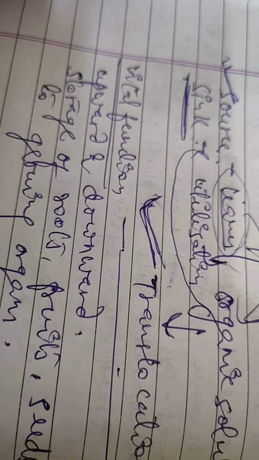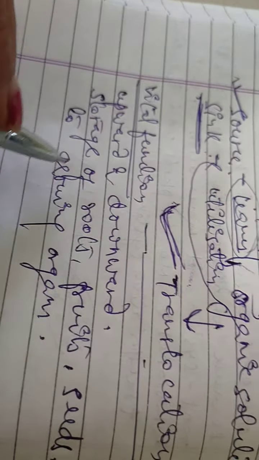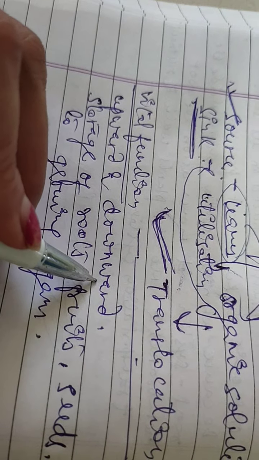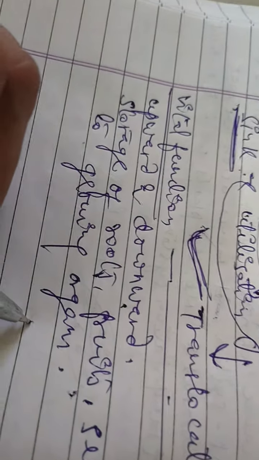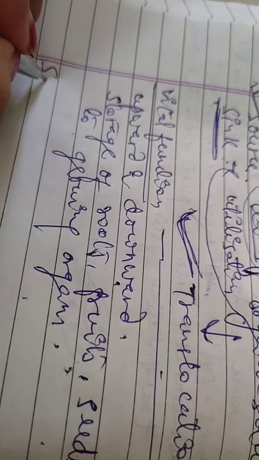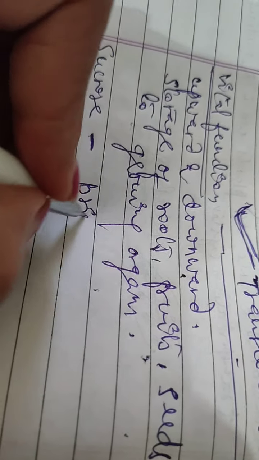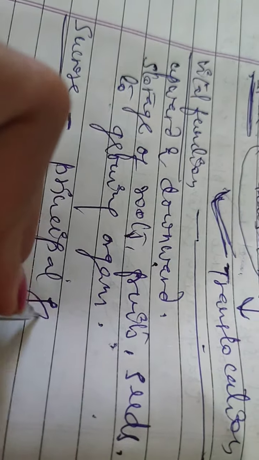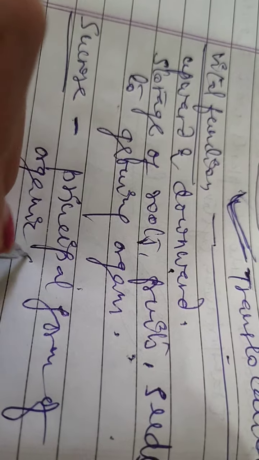So this is needed for the vital functions of the plant, and the translocation occurs in upward as well as downward direction, to the storage organs, root, fruit, seeds, and to growing organs. Sucrose is the principal form of organic solute in plants.